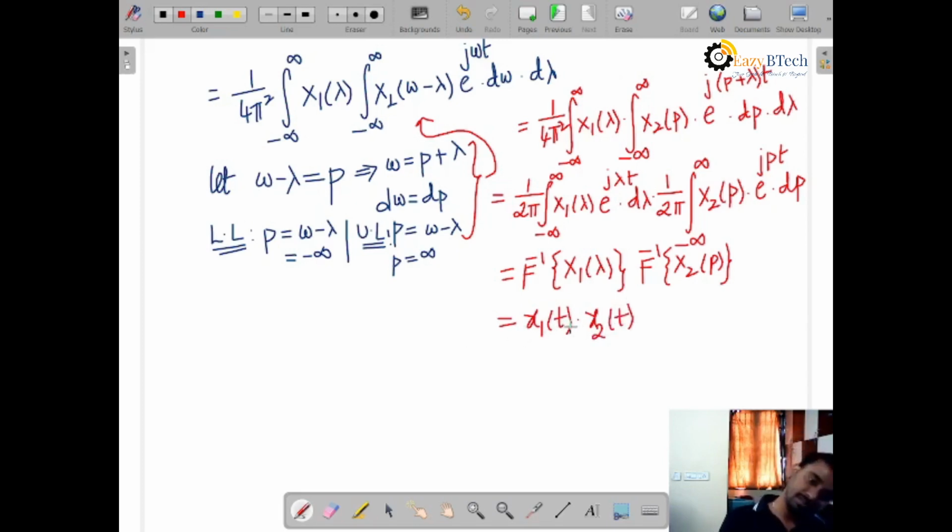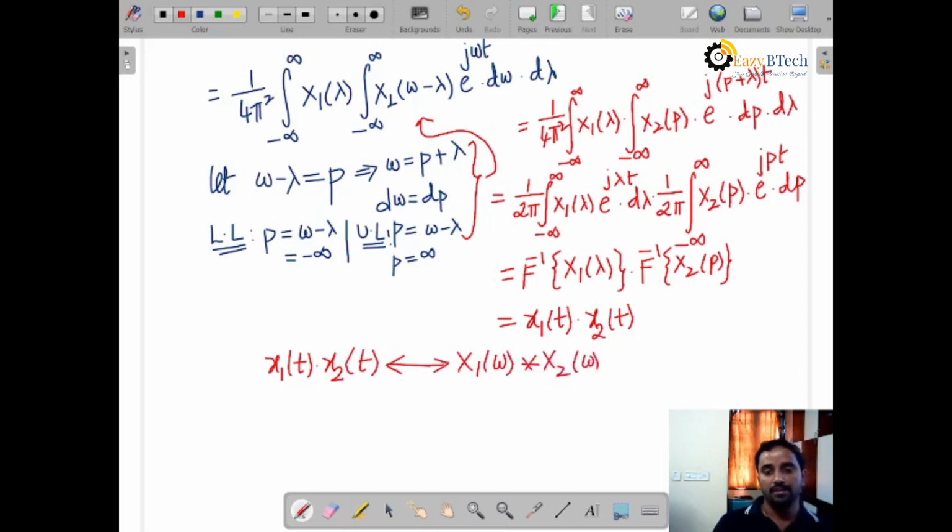Multiplication we got, right or not? So convolution in frequency domain will become multiplication in time domain. So finally what we can write is, x1 of t multiplication x2 of t, its Fourier transform will become convolution in frequency, x1 of omega convolution x2 of omega, and here 1 by 2 pi. So this is the statement and we proved.